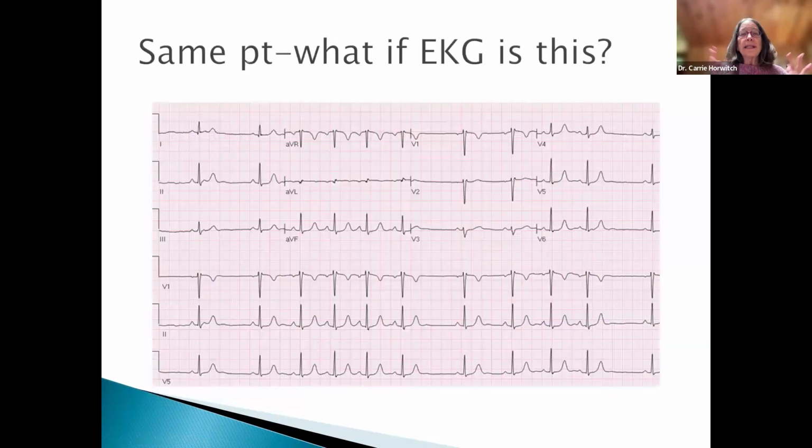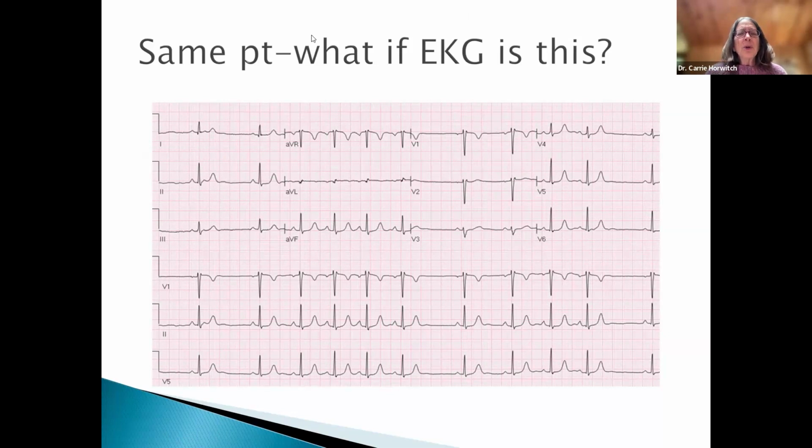Okay, so let's say this is the same patient. Again, same question: is this a sinus rhythm? Yes or no? Okay, so here we're getting a little bit of yes, it is, no, it isn't.